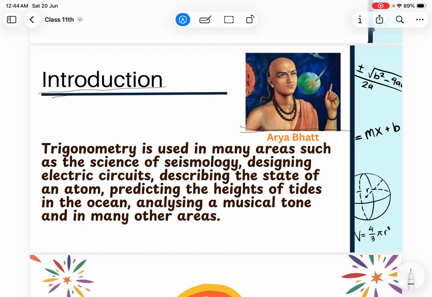So the introduction: this is Aryabhata, who made a major contribution to trigonometry.